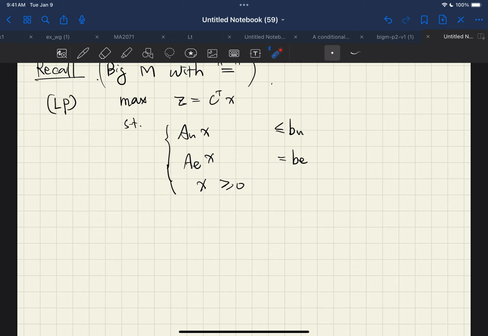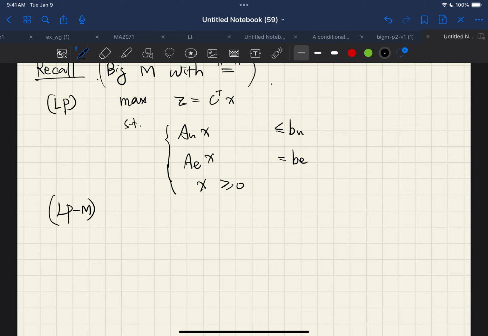Whenever we have a less than or equal constraint, we can add a slack variable and that becomes a pivot. But if you have equality, there's no room to add slack variables. But in the Big M method, we say, okay, we can still add artificial variables and then punish them.